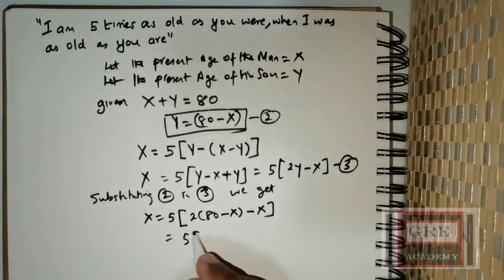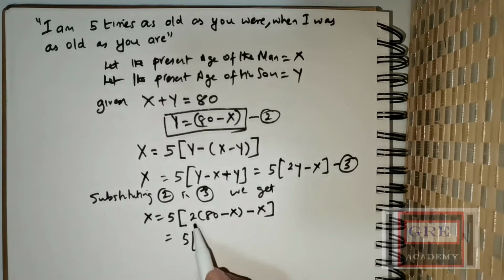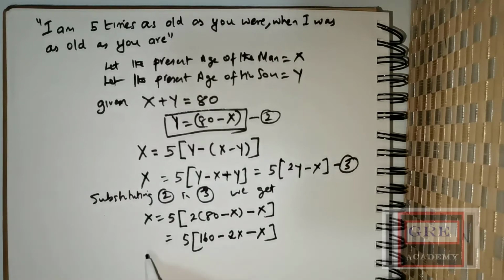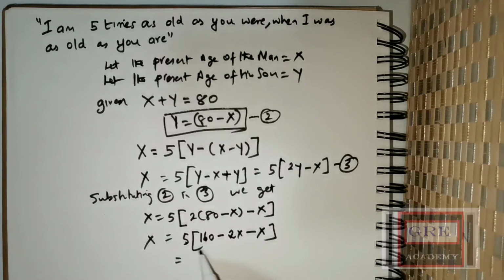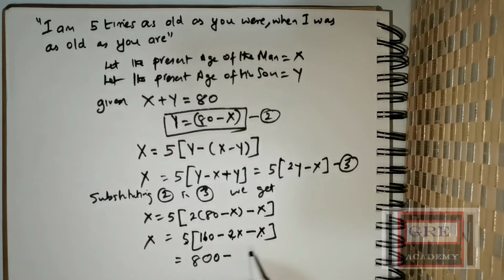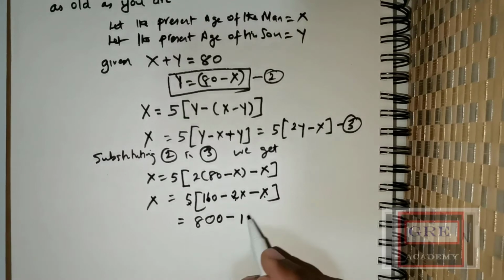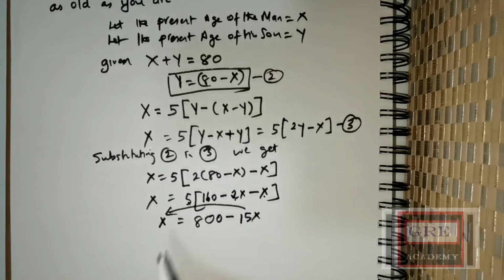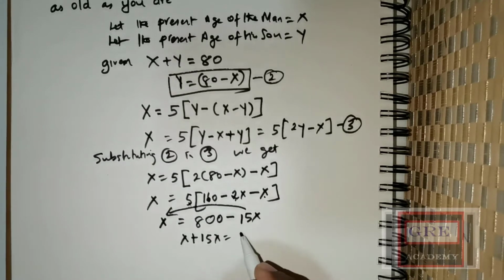So that's going to be 5 times of 2 times 80, which gives you 160 - 2x - x, and you got an x here. 5 times of 160 is 800, - 2x - x, that's 3x, 3x times 5 is going to give you 15x. So you get 15x and there is an x on the left. Now move this 15x, which has a negative sign, to the left.